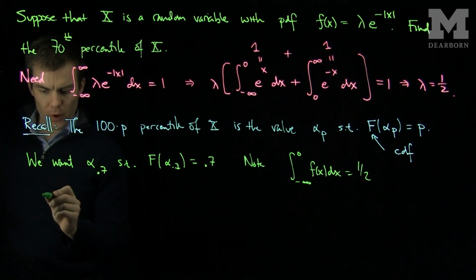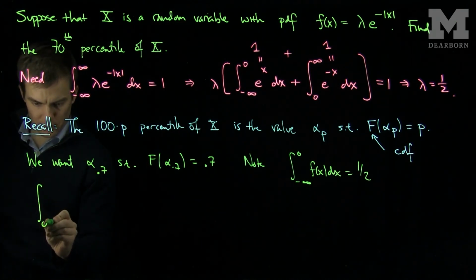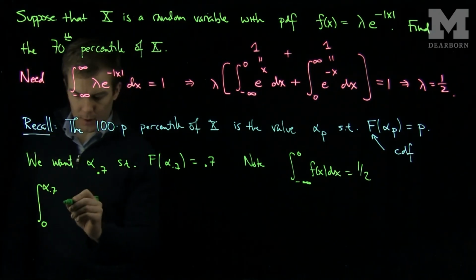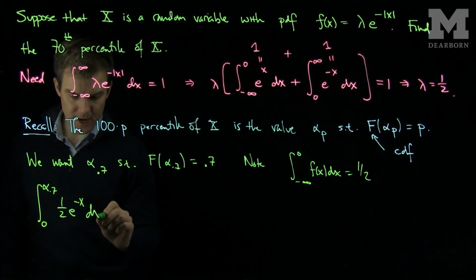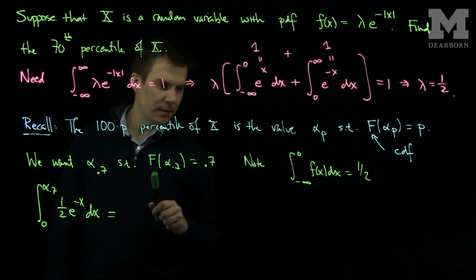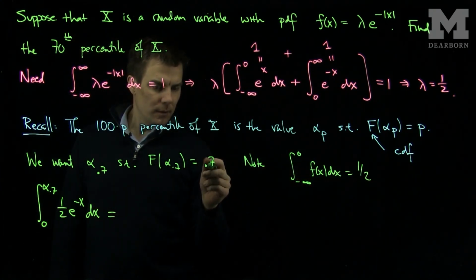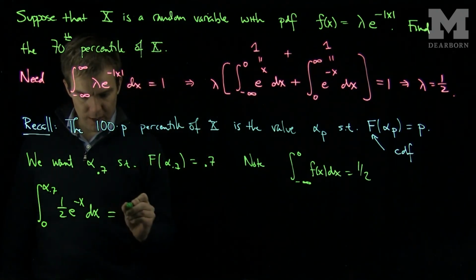Therefore, we would like alpha 0.7 to satisfy the integral from 0 to alpha 0.7 of 1/2 e to the negative x dx. Since half of the mass is between negative infinity and 0, I only need the other 0.2 to be in this range.